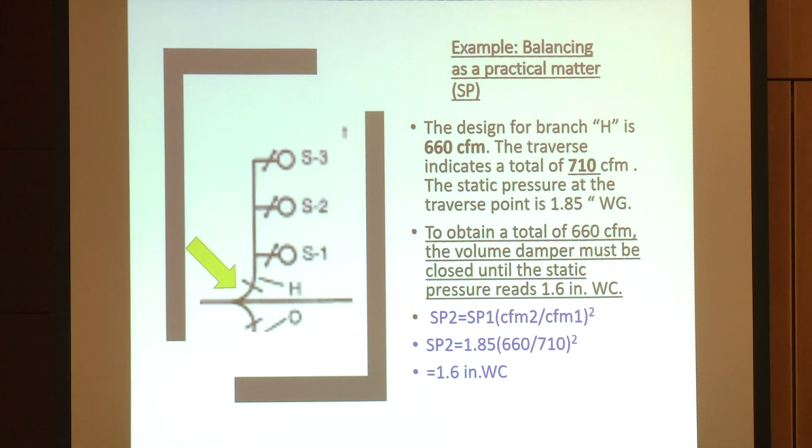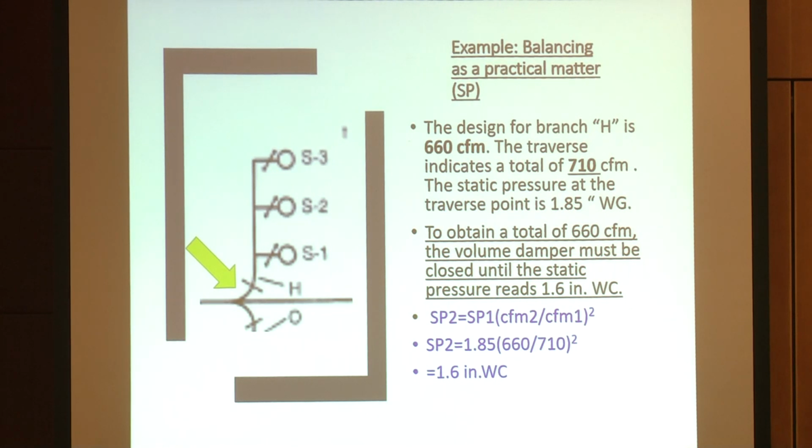We're going to use our favorite pressure formula there to say, hey, at this point, we need to take the ratio of the air, what we want and what we got, and now it comes up to 1.6. Guess what? We need to balance that junction right there at 1.6 inches.